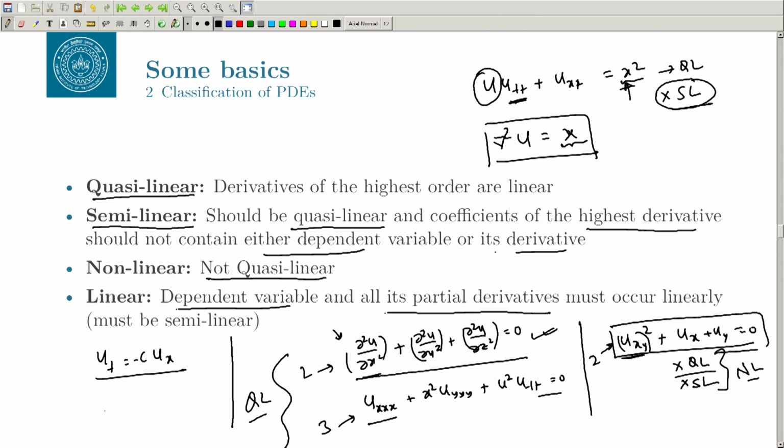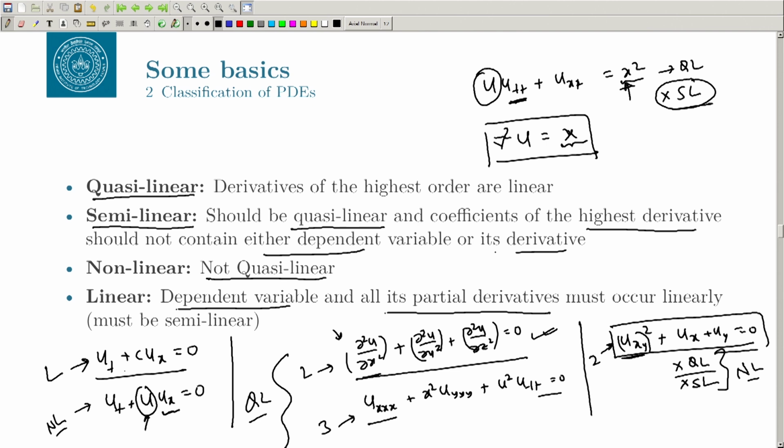But if I just write it as u t plus u u x equal to 0, here the dependent variable and its partial derivative, the partial derivative u x, is not occurring linearly. So, then this becomes a non-linear equation.